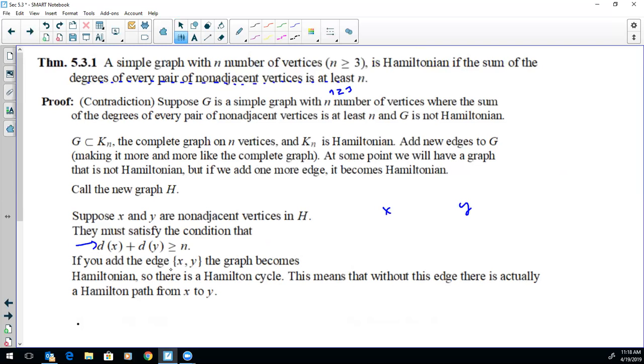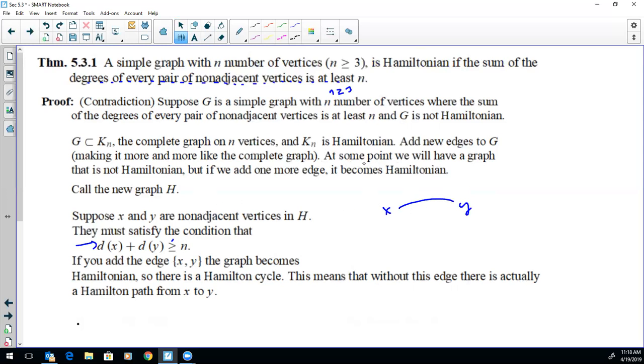So they certainly will still satisfy the condition, since the degrees were greater than or equal to n to begin with. By adding edges, at worst, you've increased the degrees, so it's still going to be greater than or equal to n.